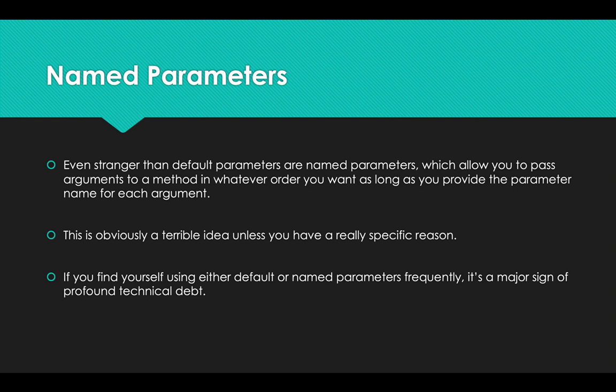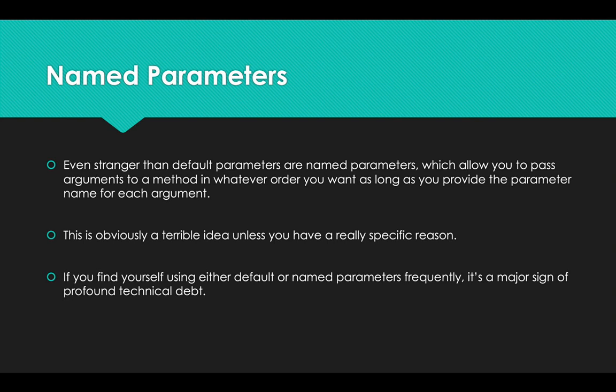This is certainly an interesting language feature. It's obviously a pretty bad idea for production code unless you're using it for a very, very specific reason that I can't actually even fathom right now to provide an example.